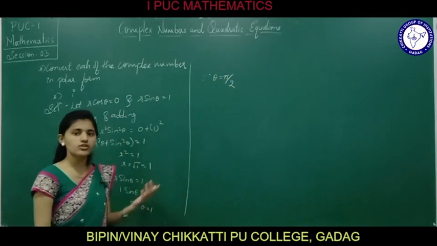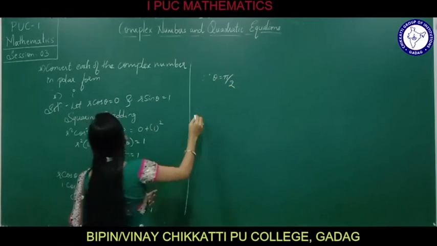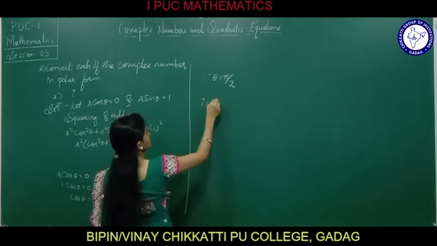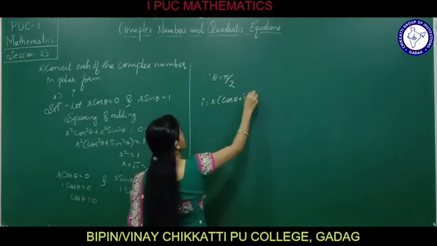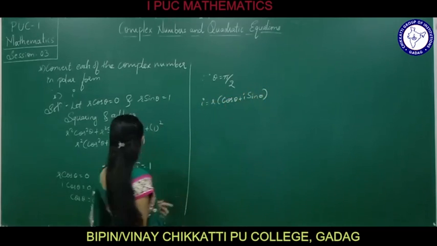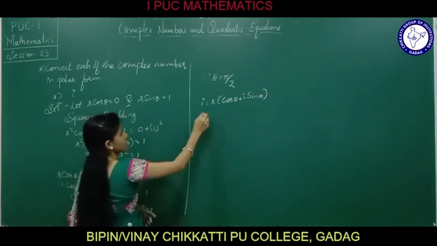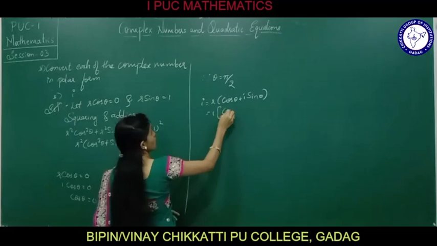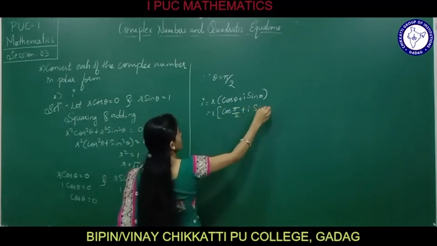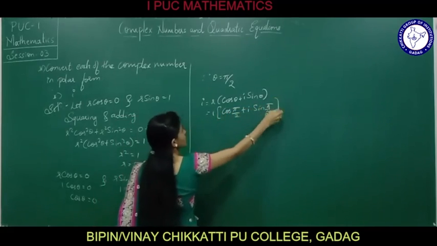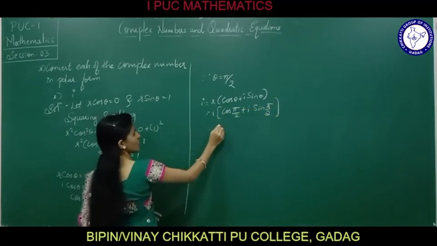Hence, how are we going to represent that in polar form? We have i, which is r of cos theta plus i sin theta. The value of r is 1. 1 into cos of pi by 2 plus i sin pi by 2. 1 into is nothing but we get the same value, right?